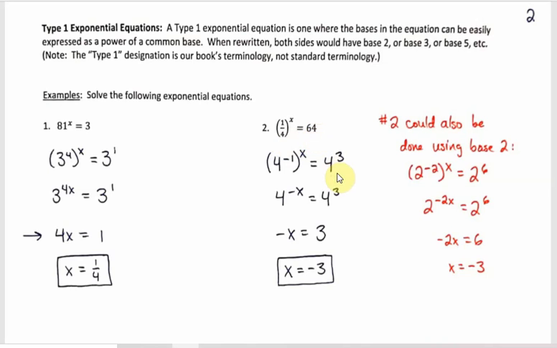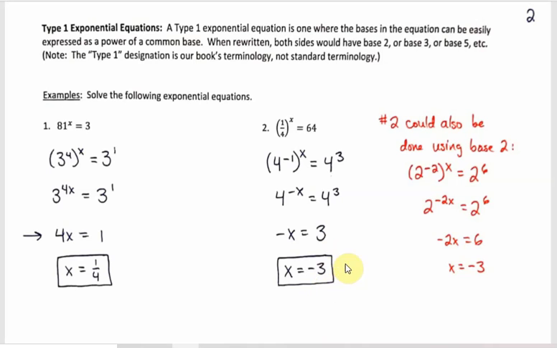There's the 4 cubed, and then the 1/4 is 4 to the negative 1, which is raised to the power of x. Again, we use this maneuver where if you have a power raised to another power, you use that base and the powers are multiplied together. So negative 1 times x gives you negative x. If 4 raised to the power of negative x is equal to 4 cubed, then negative x has to be equal to 3, and that means x is negative 3.